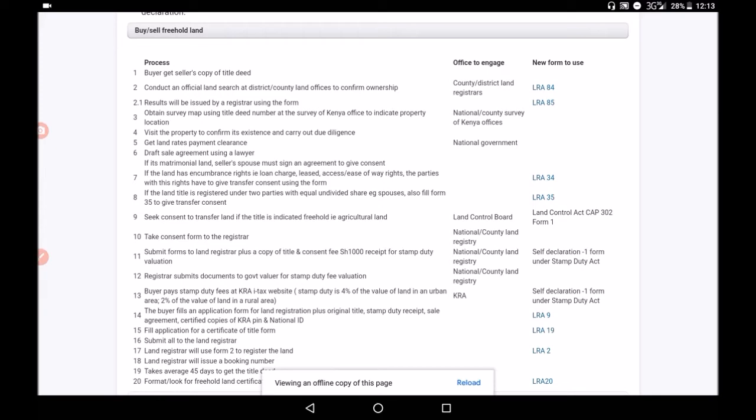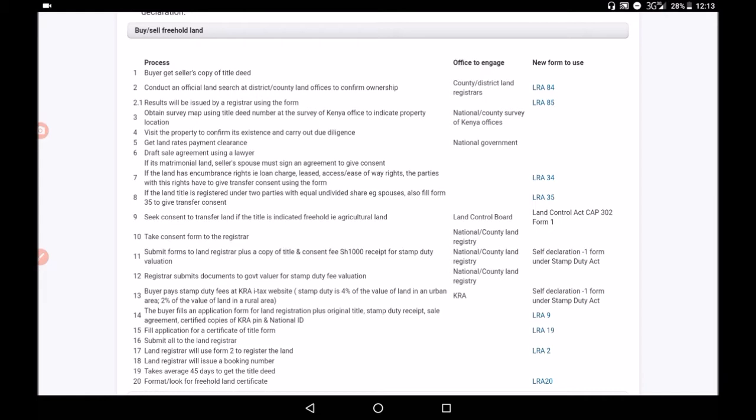If you have bought freehold land, this is what the buyer needs to do. Number 1, the buyer gets the seller's copy of the title deed. First, make sure that whoever is selling to you has a title deed for that particular land.